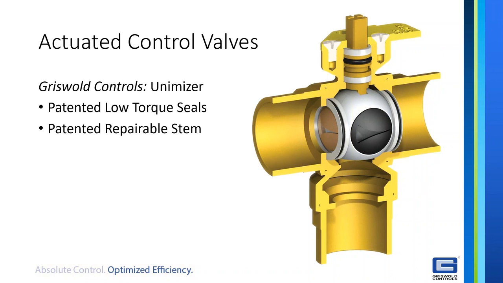But where it's different is for Griswold, for our 1 inch and 1 1/4 inch valves, we're still using a 35 inch-pound actuator, whereas other valve manufacturers in the market have to go to a 75 or an 88 inch-pound actuator. This is a big deal because that actuator is usually 1.5 to 2 times the cost of the smaller 35 inch-pound actuator.